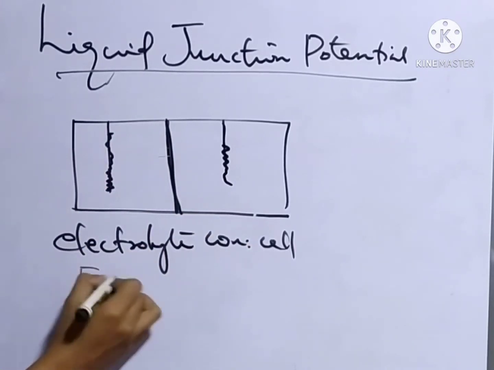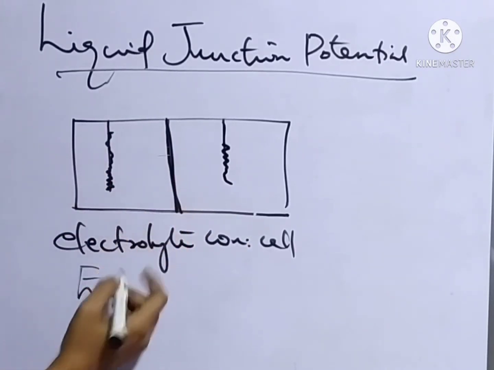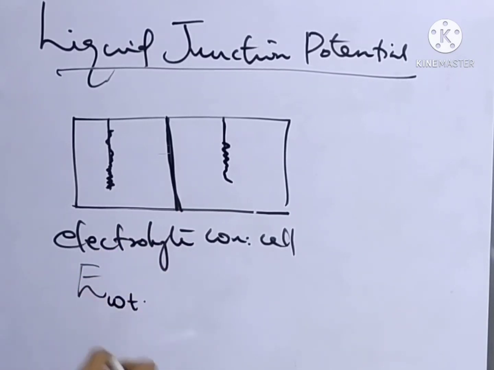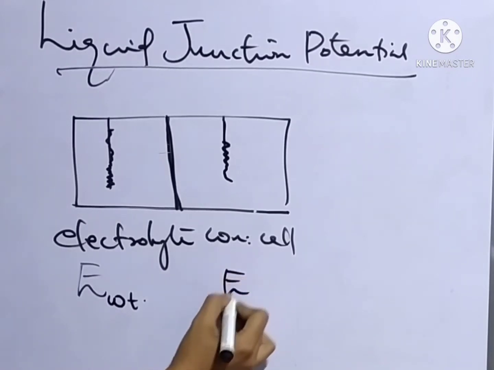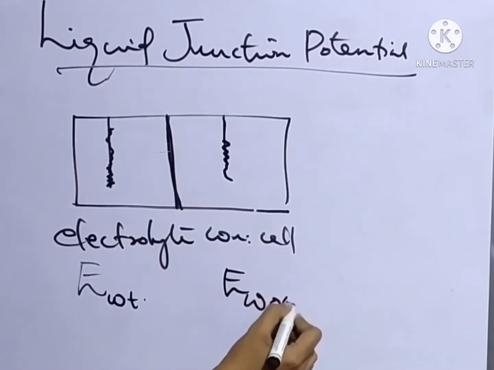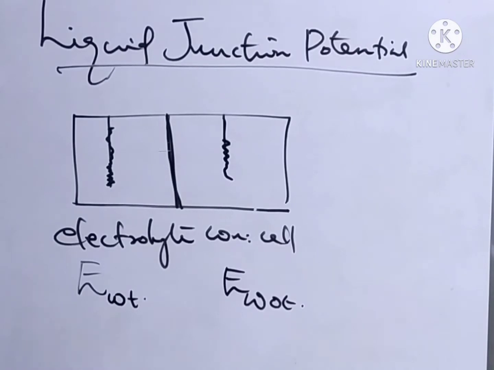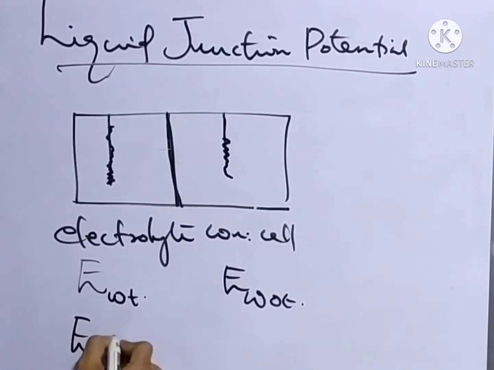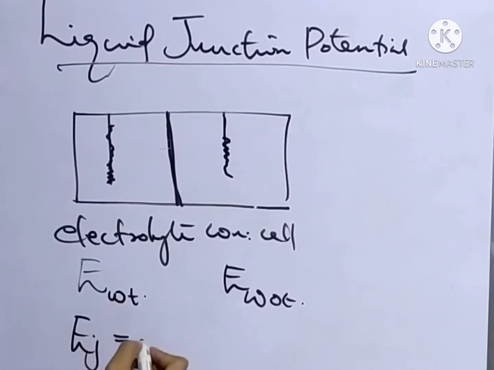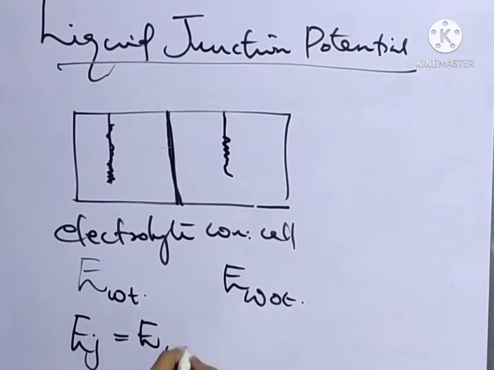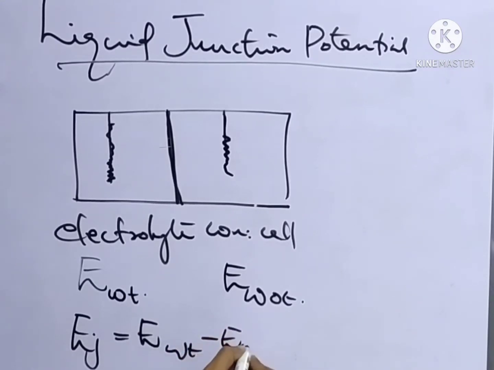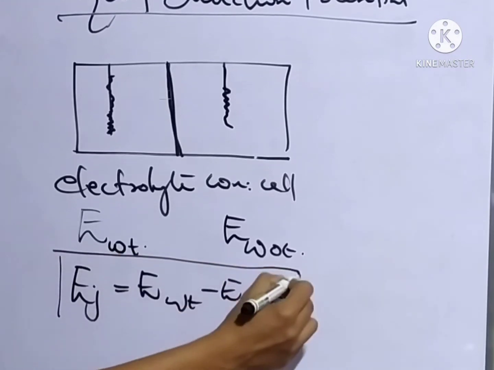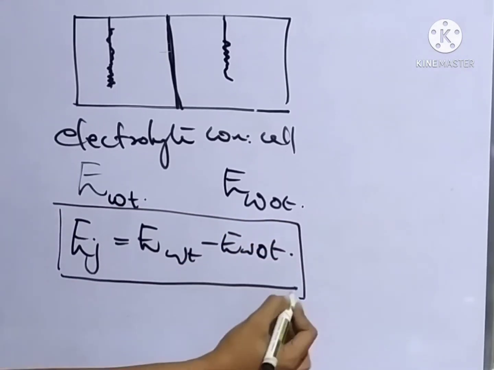If the EMF of the cell with transference is E_WT, and the EMF without transference is E_WOT, then the liquid junction potential E_J can be calculated as E with transference minus E without transference. So we can calculate the liquid junction potential of the cell.